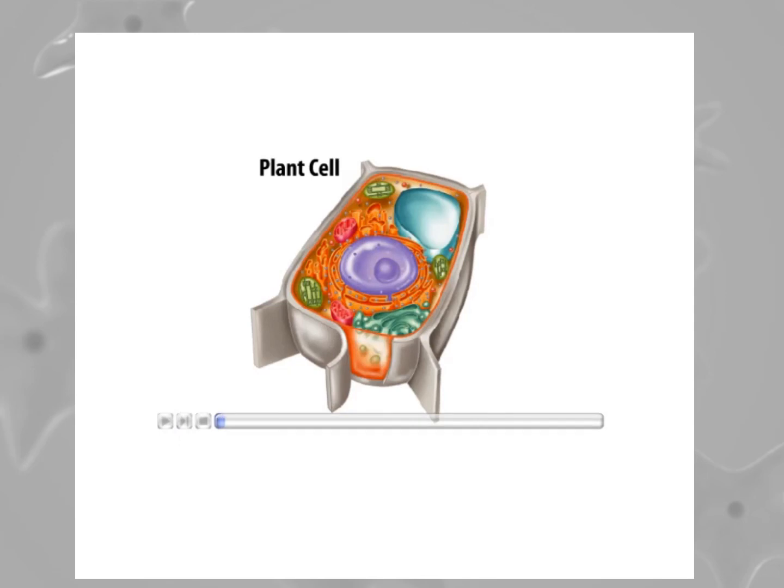These are some of the organelles found in plant cells. A vacuole stores food, water, minerals, and wastes. A chloroplast captures light energy that is used to make food from carbon dioxide and water. Cytoplasm is a gelatin-like substance that contains many chemicals that the cell needs.